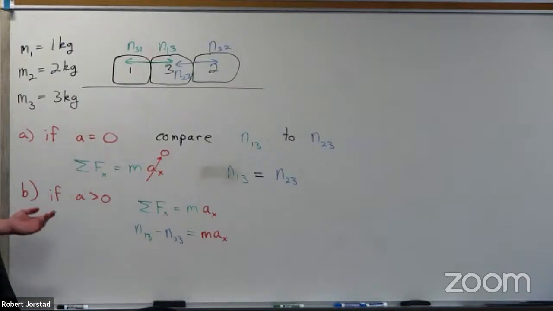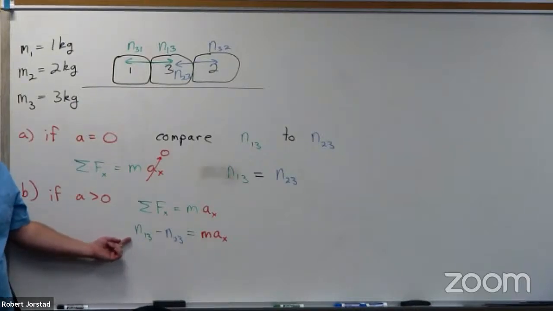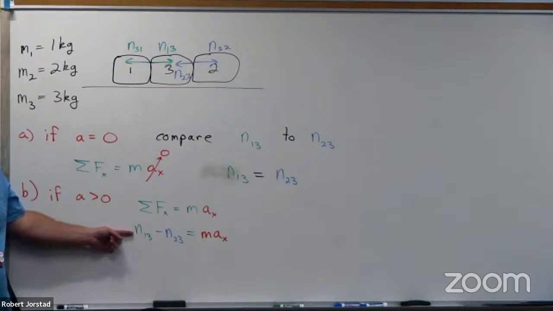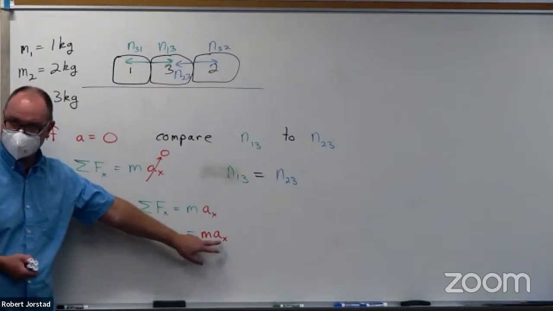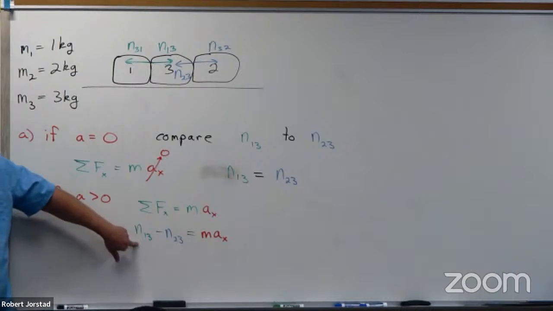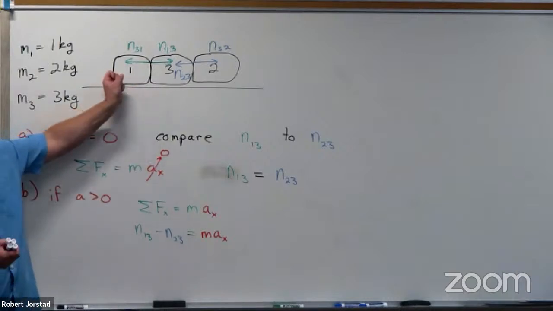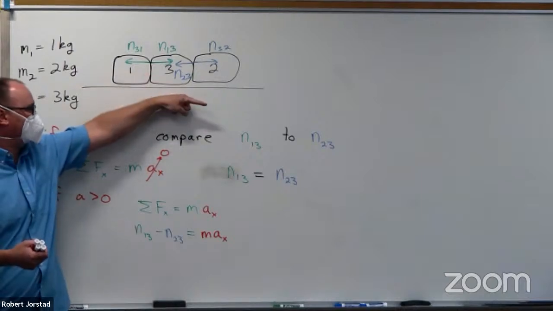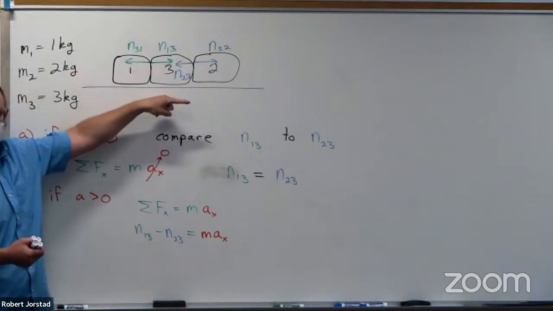Which one has to be bigger? N13. Think about it. If this is a positive number, the positive number on this side must be bigger. Or look at the picture. If this thing's going to accelerate that way, doesn't this force pushing that way have to be bigger?